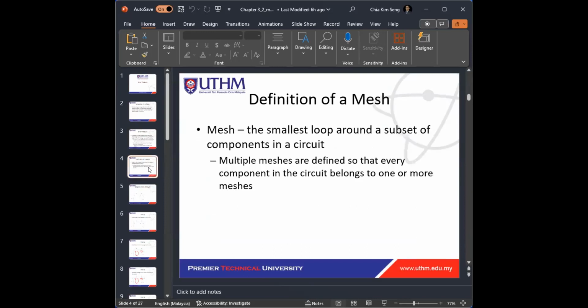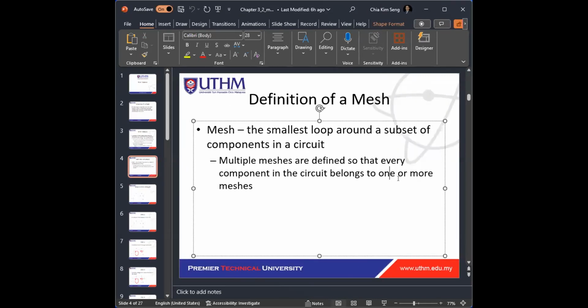So a mesh is the smallest loop around a subset of components in a circuit. Multiple meshes are defined so that every component in the circuit belongs to one or more meshes. So this is some definition.